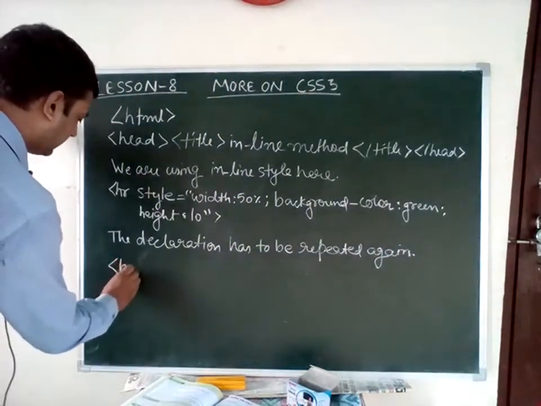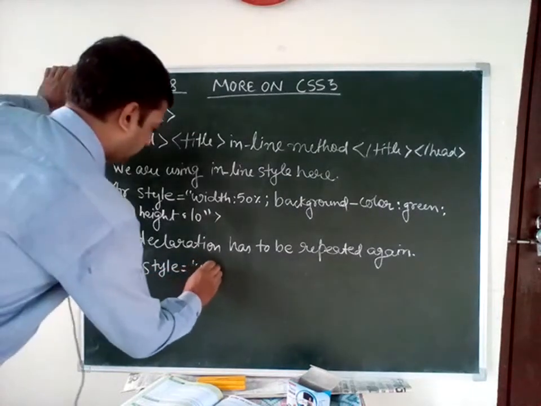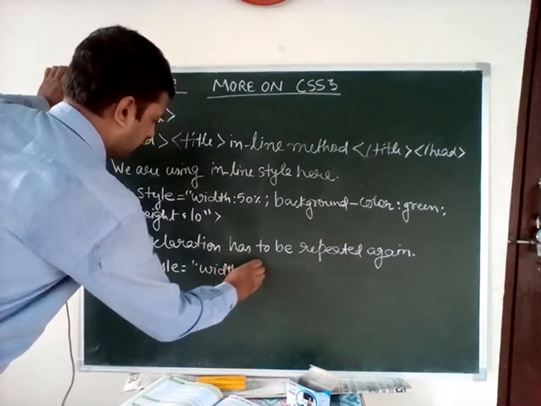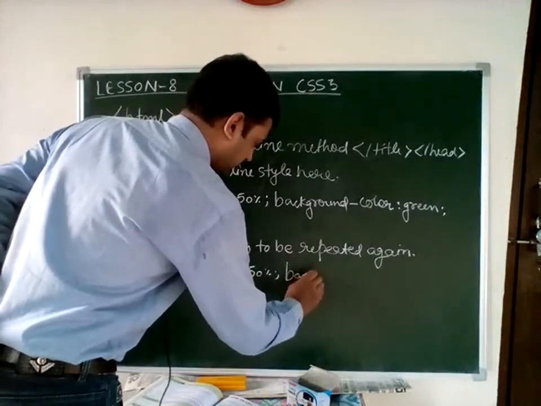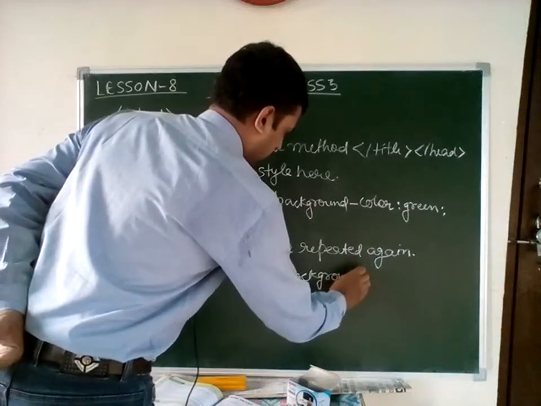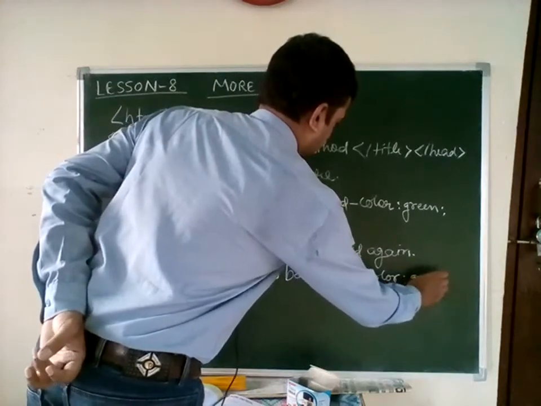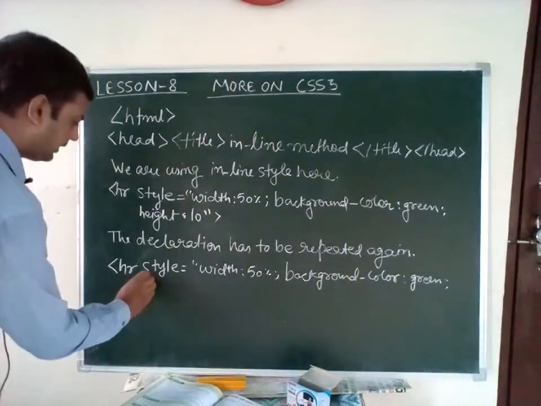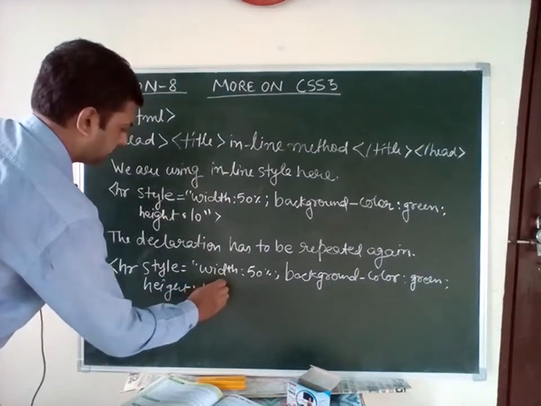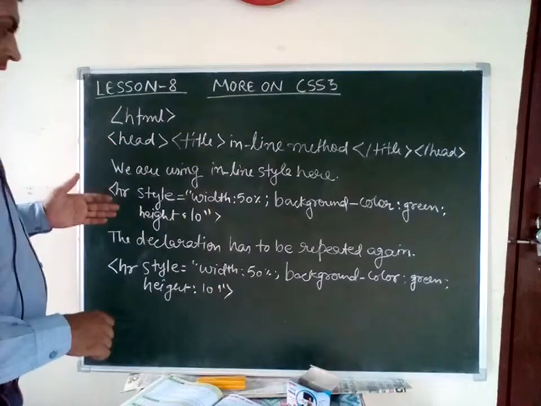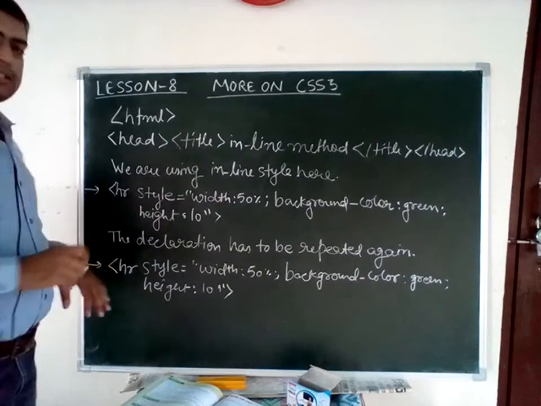Now again I will write HR style is equal to width 50%, background color green, and height is 10. Now I have used 2 times HR and I have to repeat the declaration 2 times.